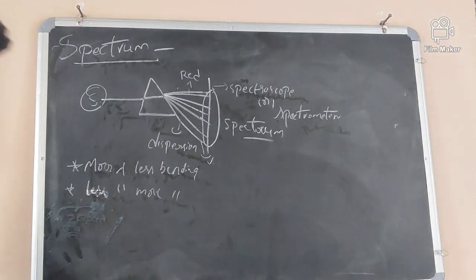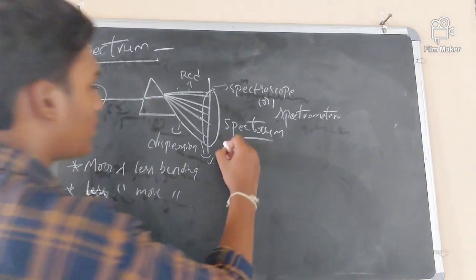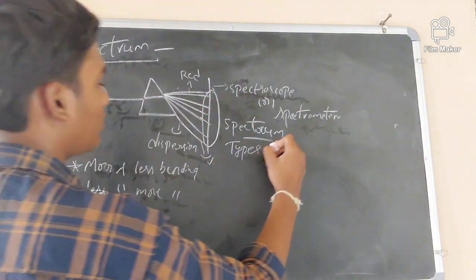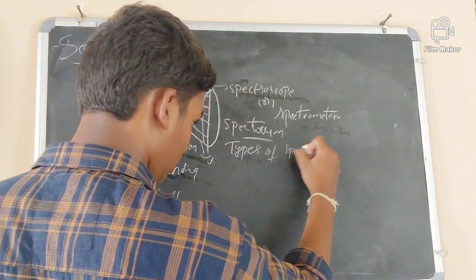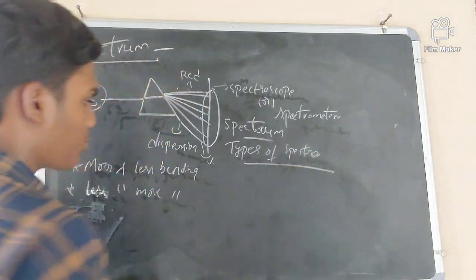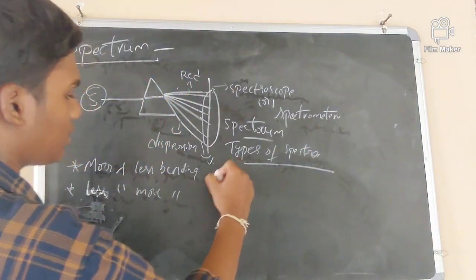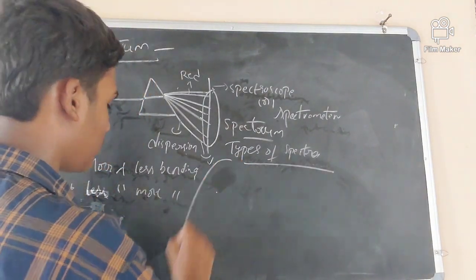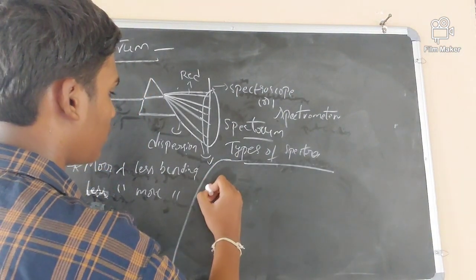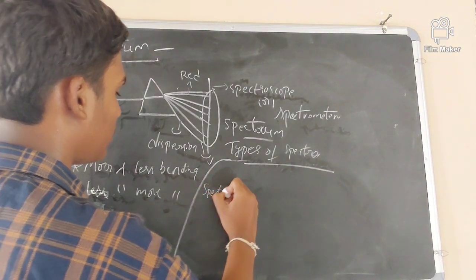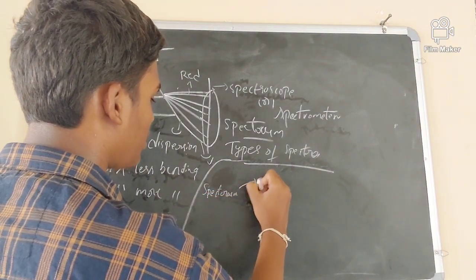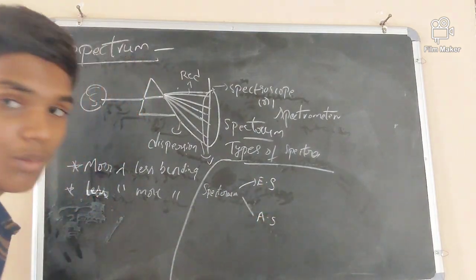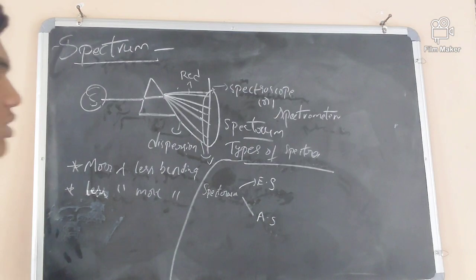And there are so many types of spectra. Spectra is the plural form of spectrum. See, types of spectra. The spectrum is divided into emission spectrum and absorption spectrum.